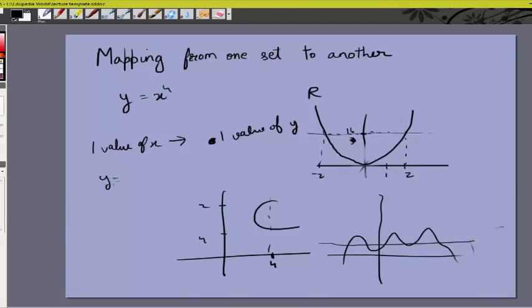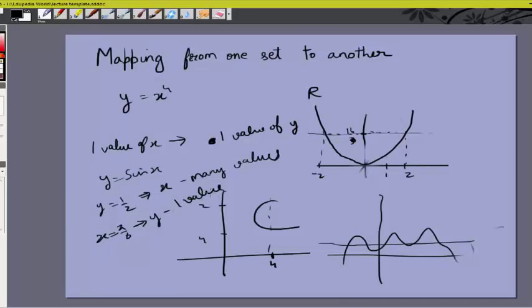If you just take y is equal to sine x, and you take, let's say, y is equal to half, y is equal to half means x can have many values: 30 degrees, 150 degrees, 390 degrees, and so on. So x has many values. But if I give you, say, x is equal to pi by 6, then y only has one value, sine of pi by 6, which is half.